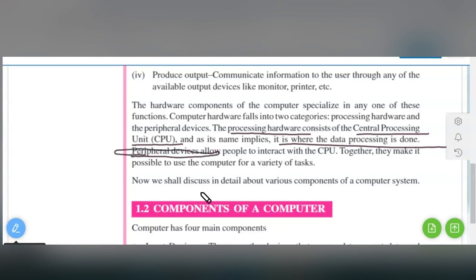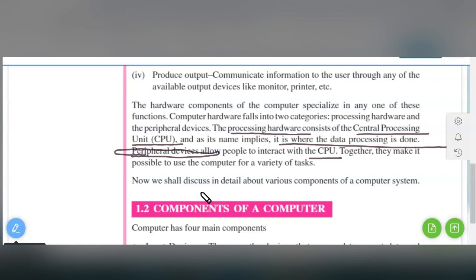What do they do? They allow people to interact with the CPU. These are the two computer hardware categories. They work together and help the computer do so many tasks.